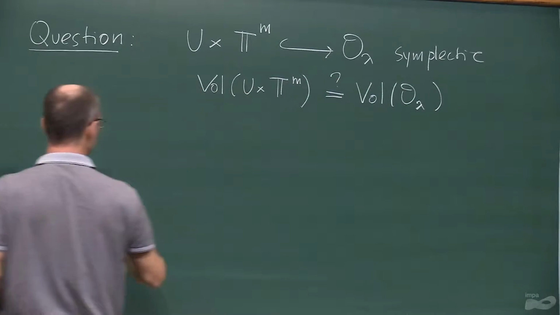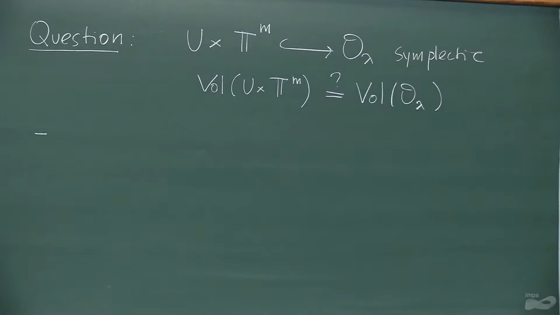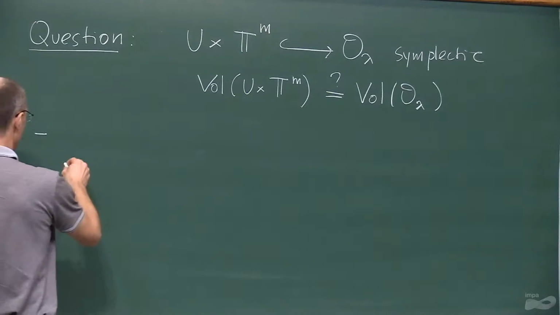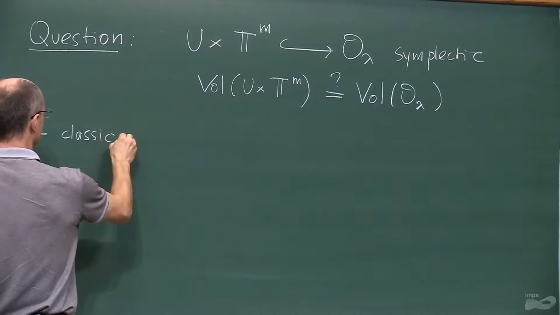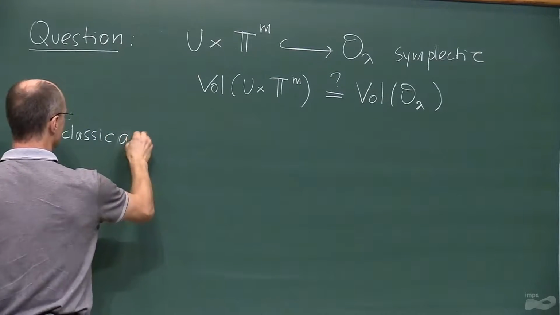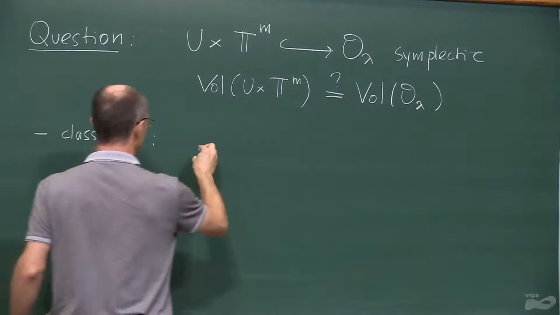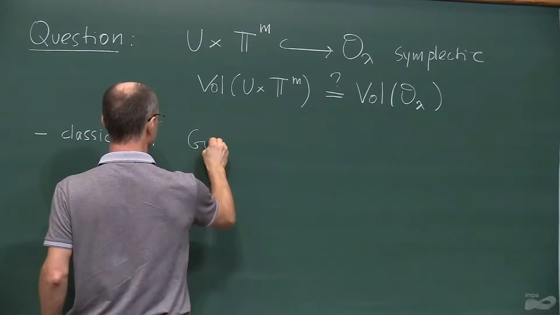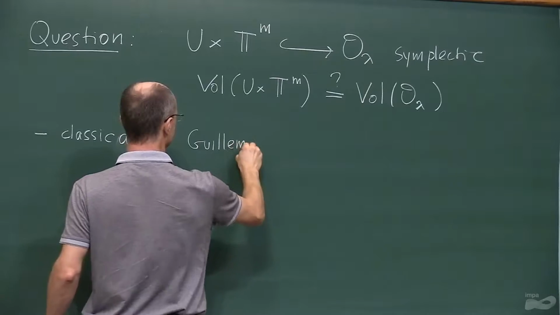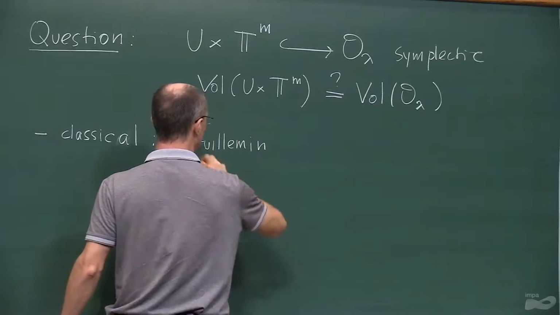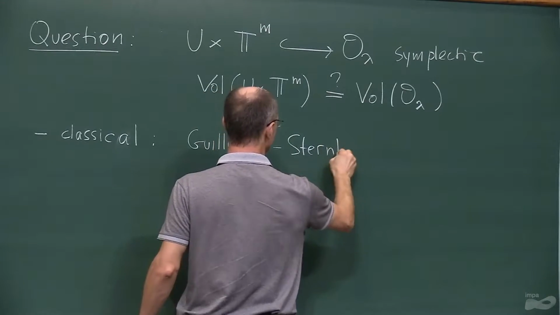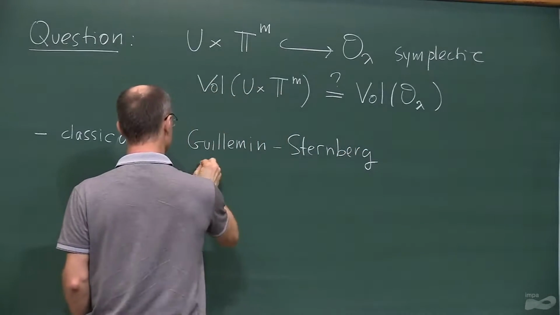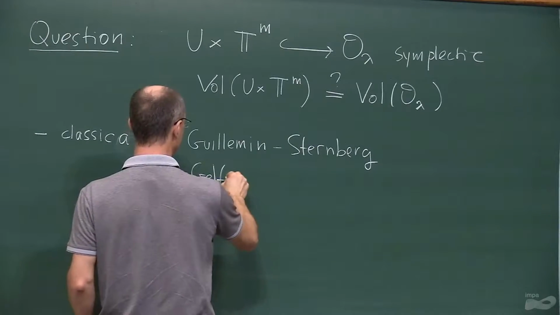So this is a classical question, and in various cases it has many interesting answers. One classical fact about it: these are the Gelfand-Zeitlin integrable systems due to Guillemin and Sternberg.